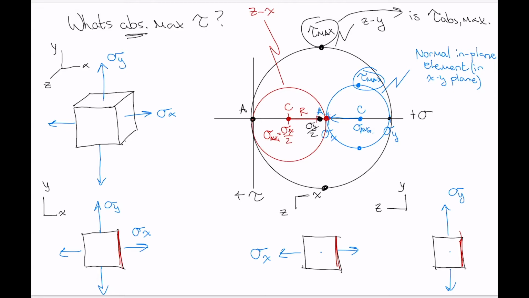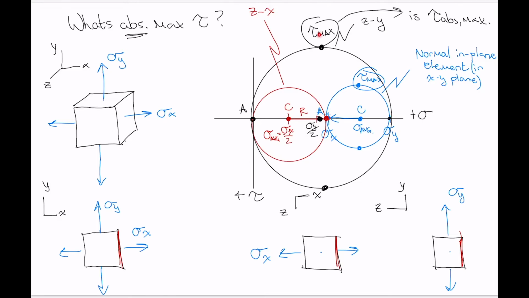But for situations when this occurs, where you've got a state of biaxial stress, then the absolute maximum shear stress always ends up being the first principal stress that you would have calculated from your normal in-plane version of Mohr's circle divided by 2.